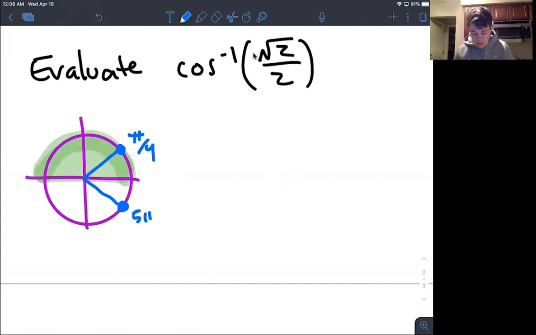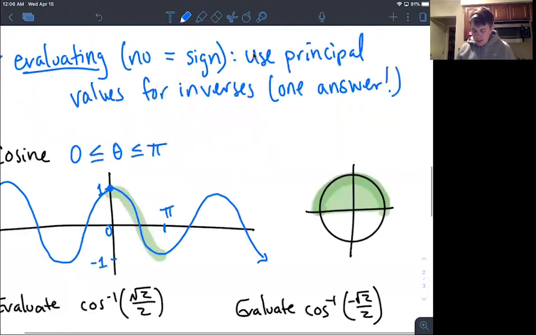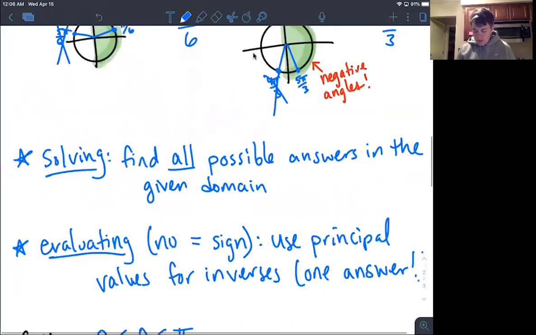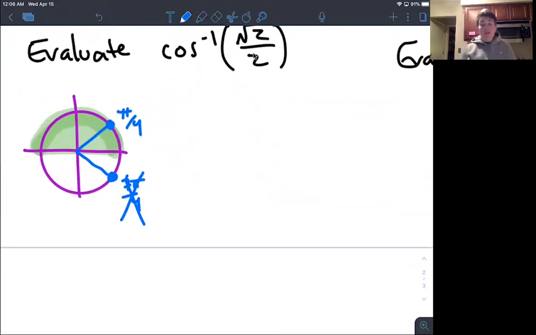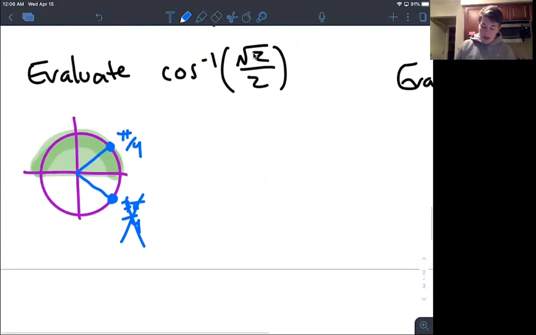That was 7 pi over 4 down there. I don't even need to worry about that because it is not within the principal values, right? So the only one I need to worry about is pi over 4. Is that within my principal values? You bet your boots it is. So the inverse cosine, the angle where the cosine is rad 2 over 2, is pi over 4. Donezo.